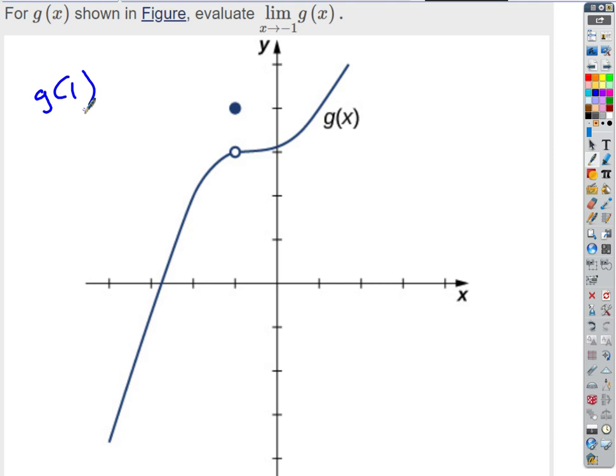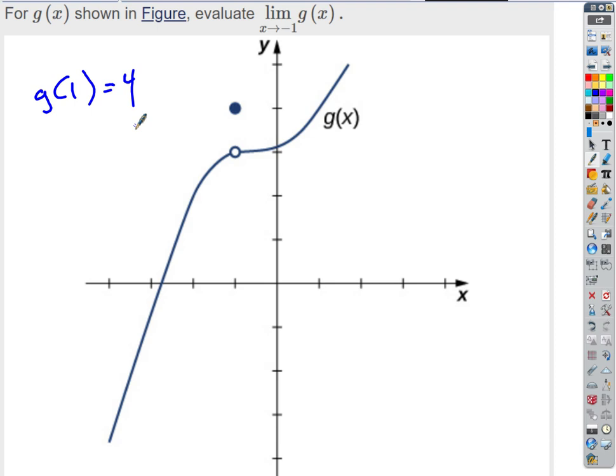And we'll assume that all the answers are nice, convenient integers. 4? Any other suggestions? Raise your hand if you say 4. Okay, yes, it's 4. That's right.